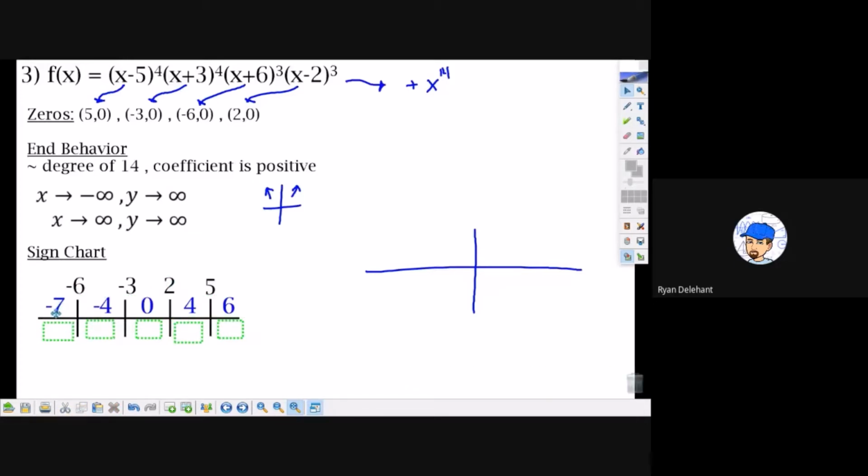I picked -7 as a test point here because it's to the left of -6. I picked -4 because it's in between -6 and -3. Pick 0 because that's in between -3 and 2. You got to pick numbers that are in between it, or on the ends got to be bigger than or less than that number. So let's go through and talk sign table, because this is where some of this interesting stuff happens.